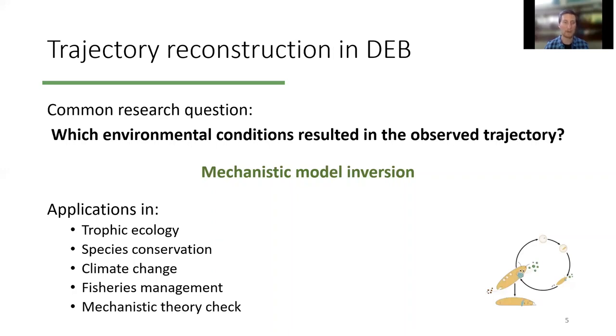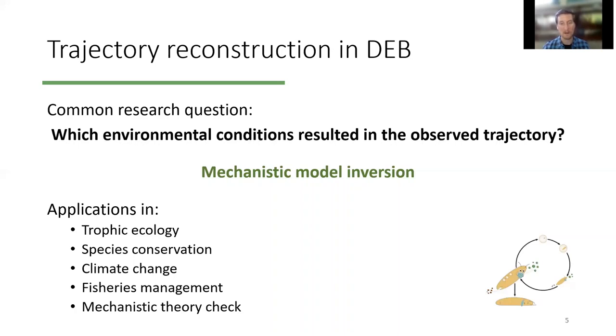And the most common question in DEB studies is related to finding which environmental condition resulted in the observed trajectory. And the term trajectory here can refer to many different things. It can be a growth trajectory in length or in weight. That's the most often used. We will see that there are also other types of trajectories that we can use.